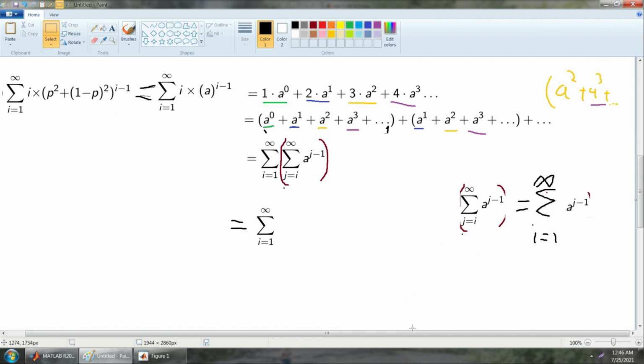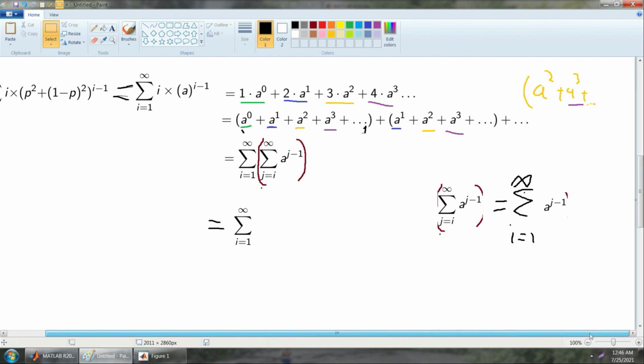Now this overcounts some terms, right? I don't want all of these terms in my sum. So from here I can subtract the finite geometric series, if you will, from j equals 1 to i-1 of, again, a^(j-1).